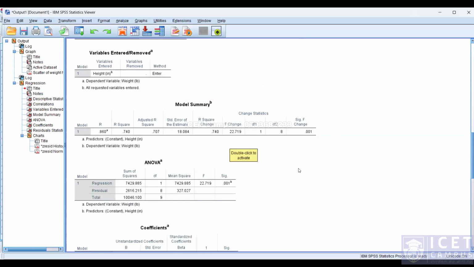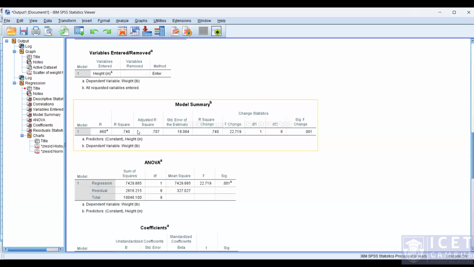Yeah, so then we can take this model summary table. You can see here the adjusted R square value is 0.740. It means 74% of the dependent variable is explained by the independent variable. Normally, if it is a very good model, it should be greater than 80%.